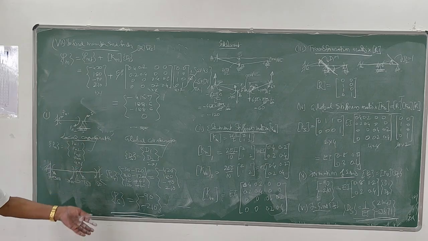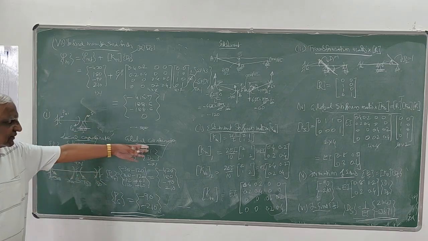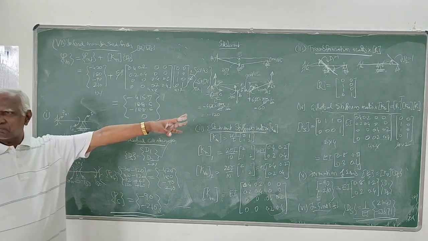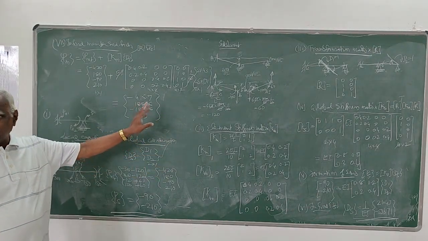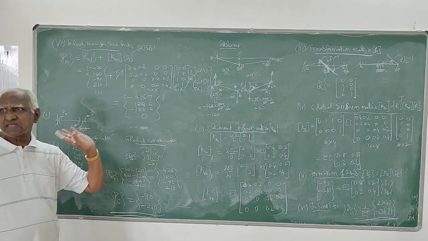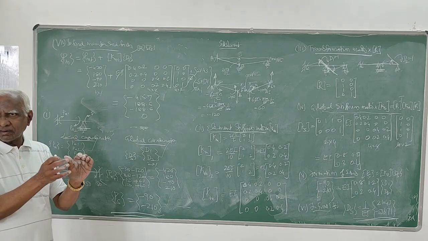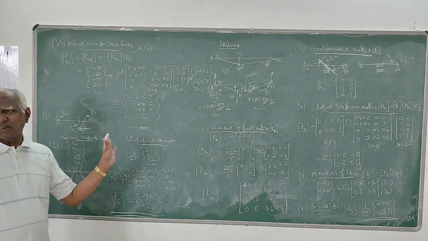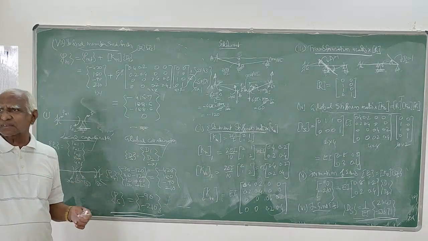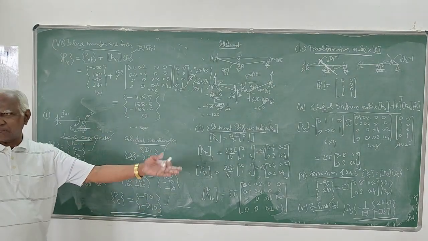So same problems, only thing is I will generate only Km, R and Ks. I will do that by the finite element procedure, taking the global stiffness matrix straight away. The rest are all the same.